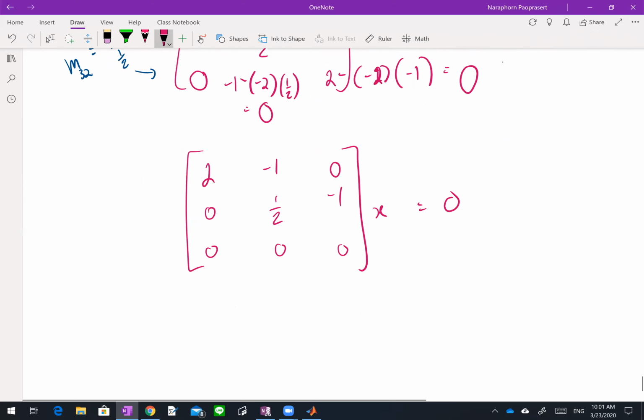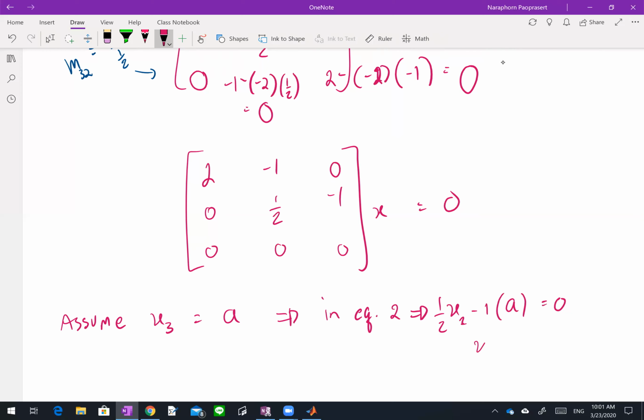And again, this is the homogeneous system of equations. You just assume x3 equals a. Using backward substitution in equation number 2, you have 1/2 x2 minus 1 times a equals 0, so x2 is just 2a.